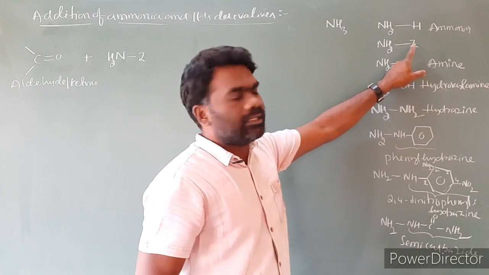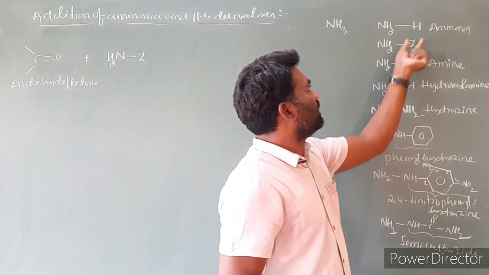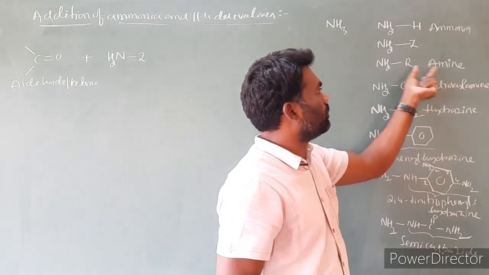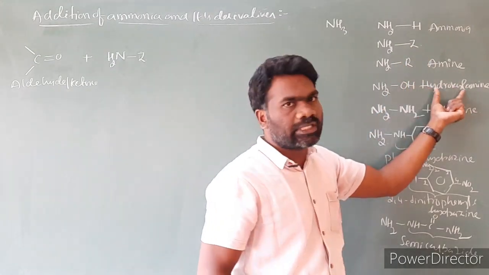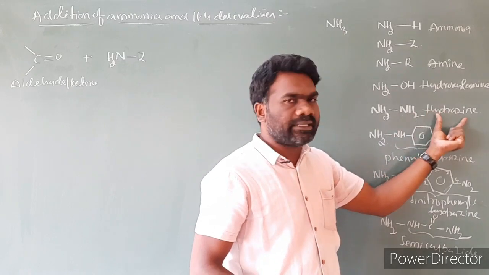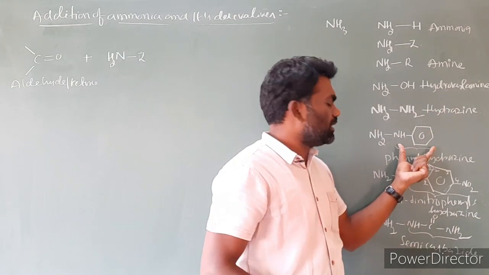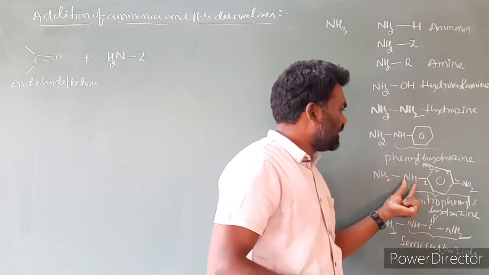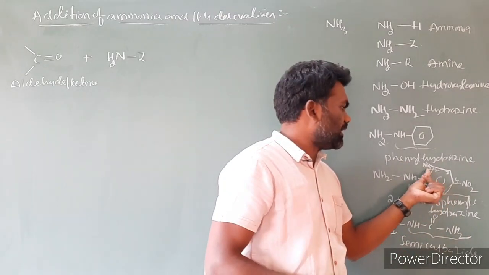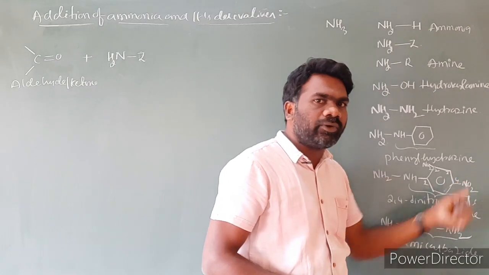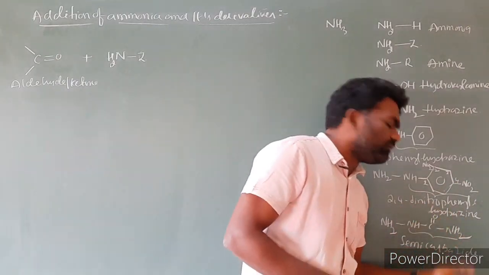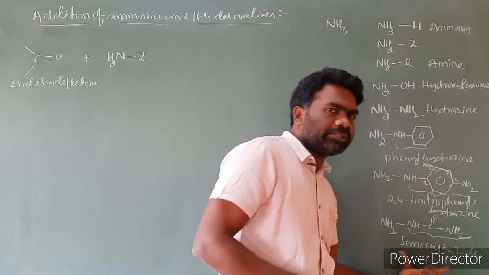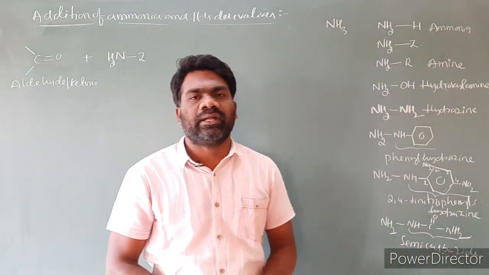What is the meaning of Z? If H is replaced by Z: if Z is an alkyl group, it is an amine; if Z is OH, hydroxylamine; if Z is NH2, hydrazine; if Z is NH with a benzene ring, phenylhydrazine; if Z is NH with benzene having NO2 groups at the second and fourth positions, 2,4-dinitrophenylhydrazine; and if Z is NHC=O and NH2, this molecule is called a semicarbazide.